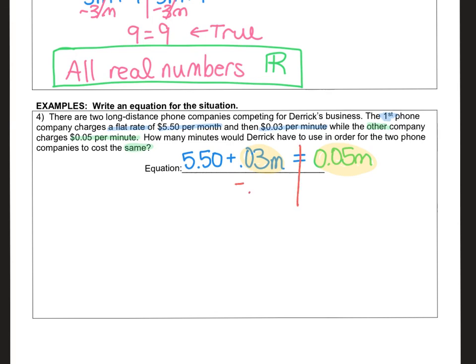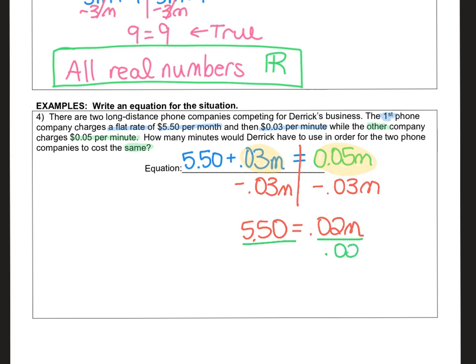And I'm going to do that by subtracting 0.03 M. And that's going to leave me with $5.50 on the left equals 0.02 M on the right. And then I divide each side by 0.02. And I get 275 equals M.